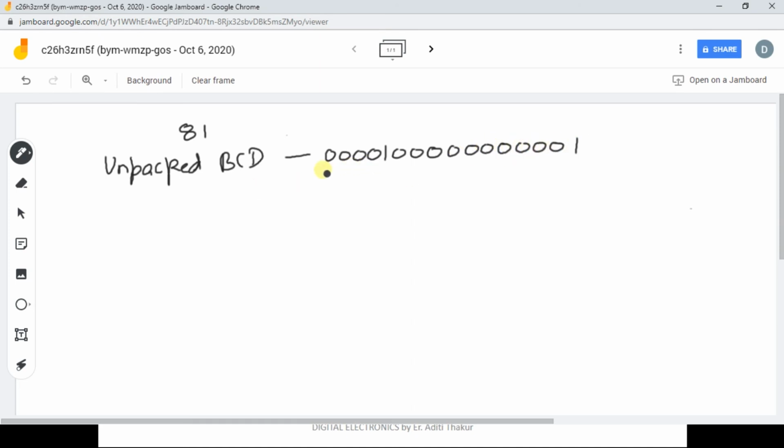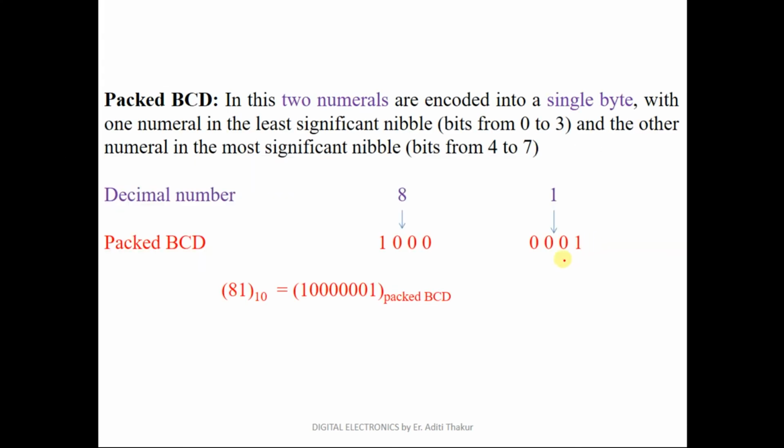So this is the unpacked representation for 81. And similarly for 81, what is packed BCD? How will we write packed BCD? It is simply 1000 and 0001. So you can see that the range also varies for packed and unpacked BCD. We will study this with an example next.